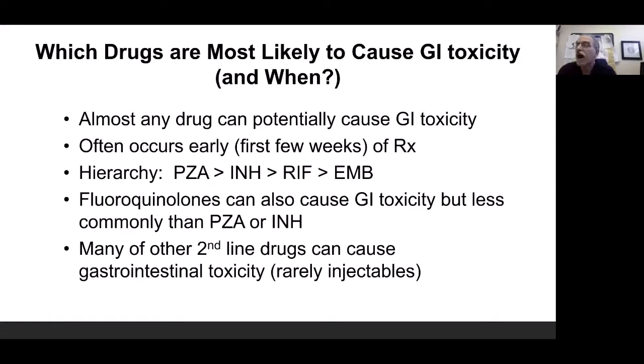The hierarchy in most of the published studies is PZA more commonly than isoniazid, then rifampin, then ethambutol. However, in our clinic, that order is actually reversed. We probably see more gastrointestinal toxicity from rifampin and rifamycin than from isoniazid.